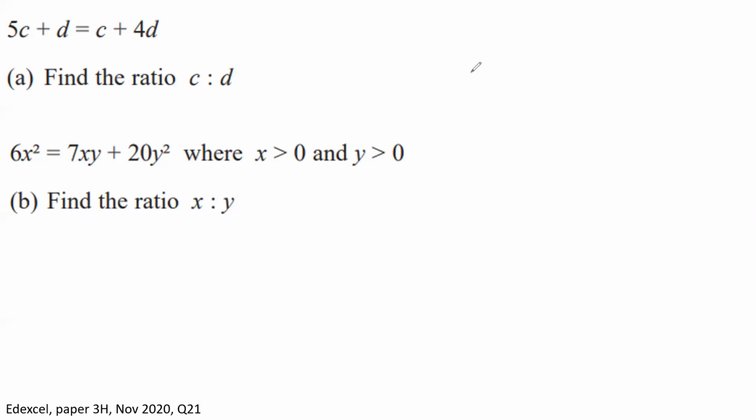So if we start manipulating this equation, we've got 5c plus d equals c plus 4d. Then we can subtract c from both sides. If we do that, we end up with 4c plus d equals just 4d.